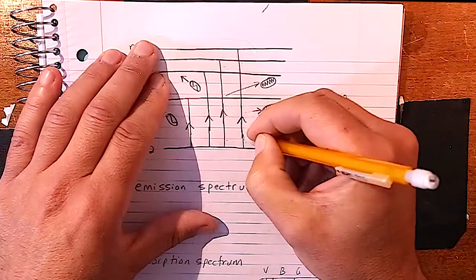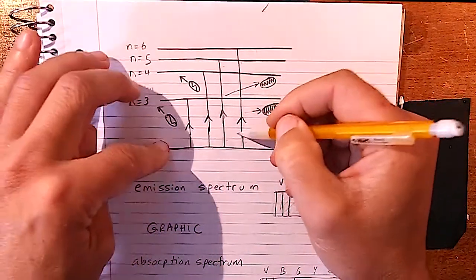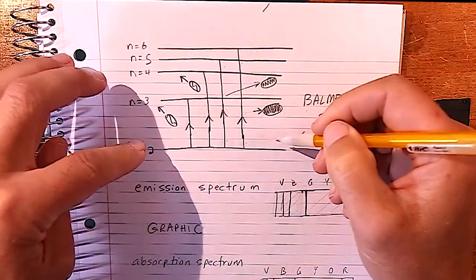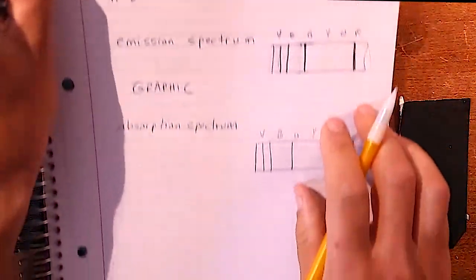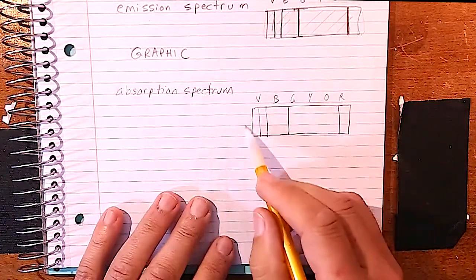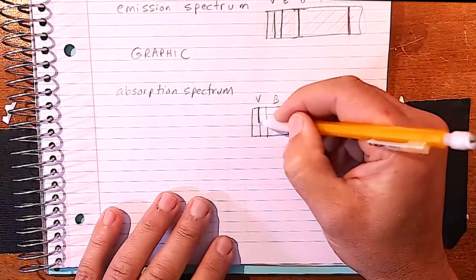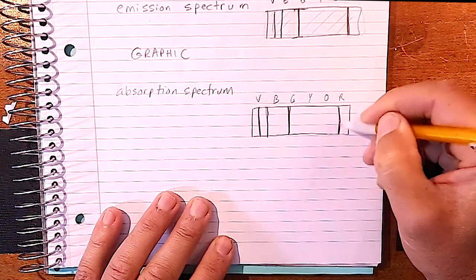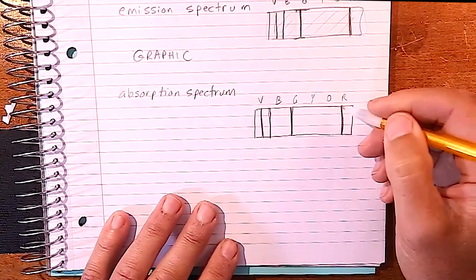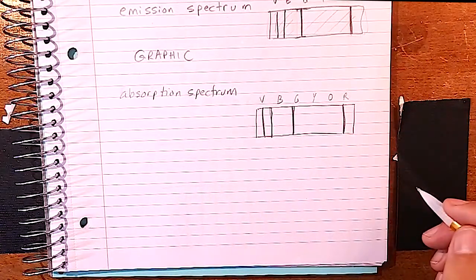So the Balmer series that we just looked at was the emission spectrum, but if we take something that's absorbing from the colors, then what we end up with is a rainbow, but the colors that are absorbed appear black because they are getting sucked in by the hydrogen atom and we can no longer see them.